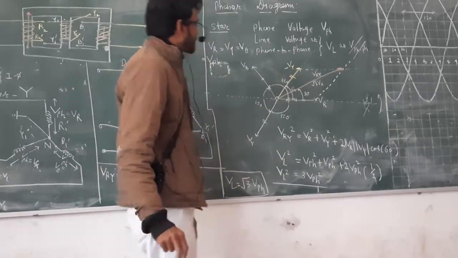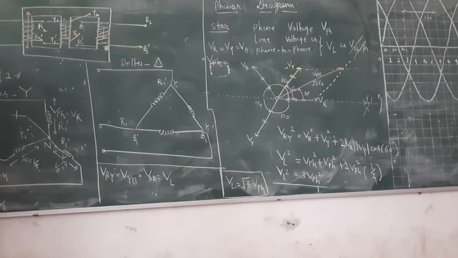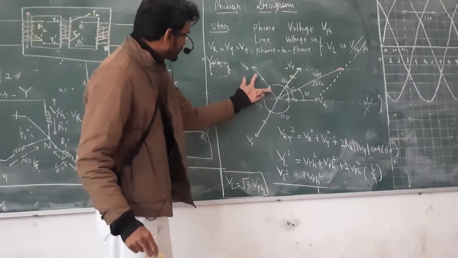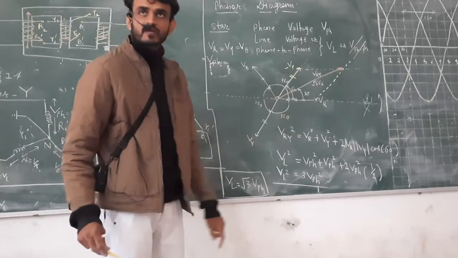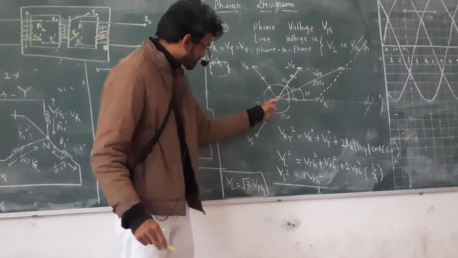Same way, if I told you to go for VRY, VYB, then what will you do? You flip this vector in this direction, it will become negative B. Then add this vector and that vector, and the resultant will be here.